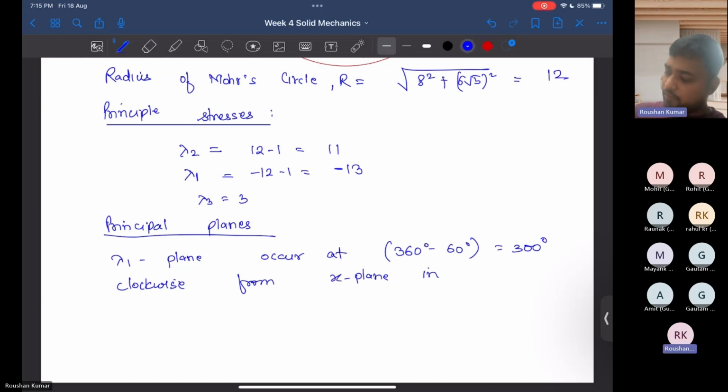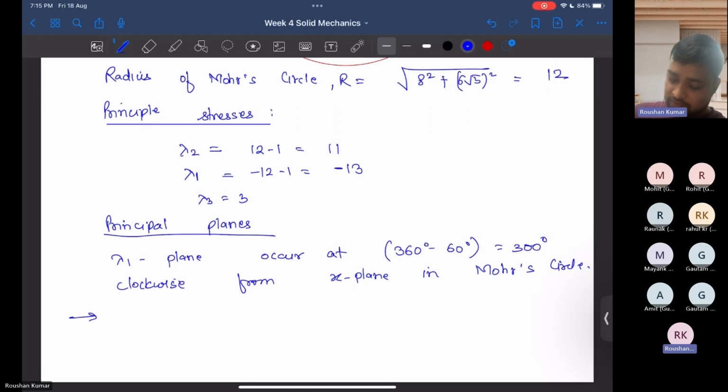In the Mohr circle, the lambda 1 plane occurs at 300 degree clockwise from the x plane. In the actual one, it is 150 degree counterclockwise, that is anti-clockwise, from the x plane in the physical coordinate system.